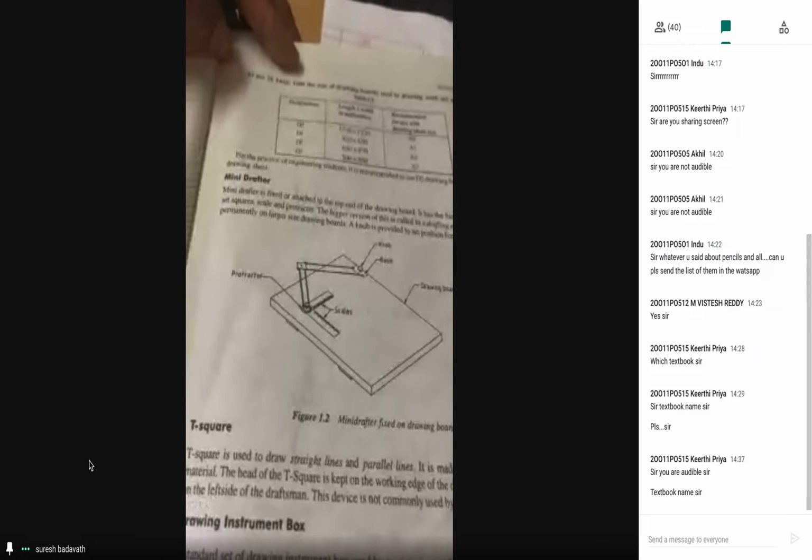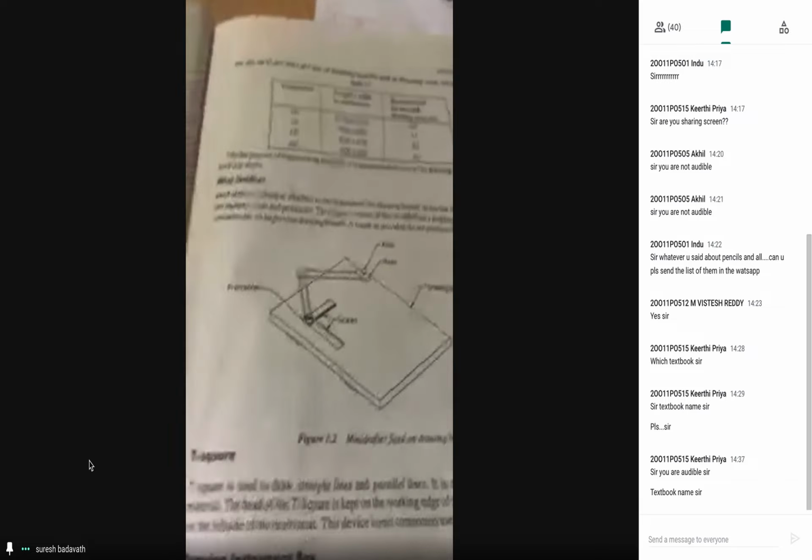This is also one of the equipment of drawing practice. Okay, this is a drawing board. The drawing board can be wooden.